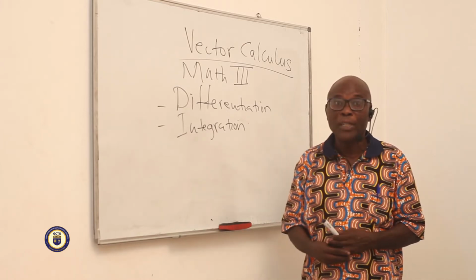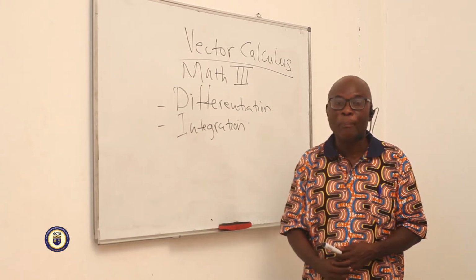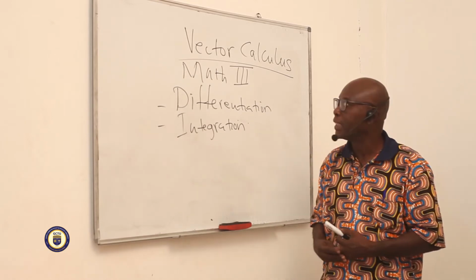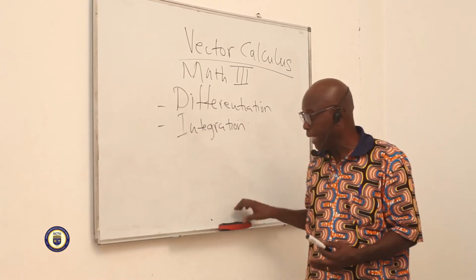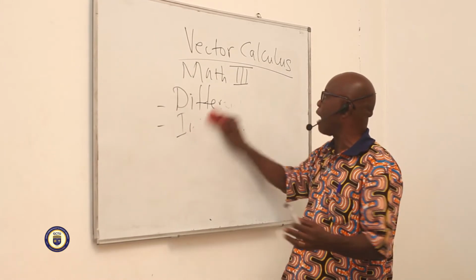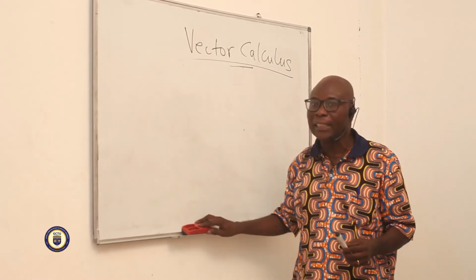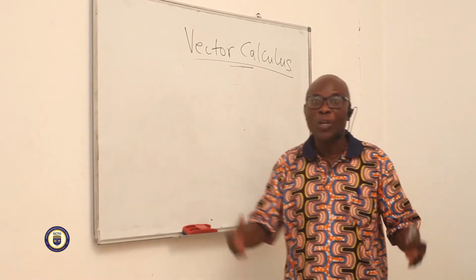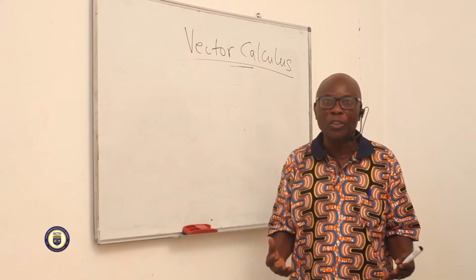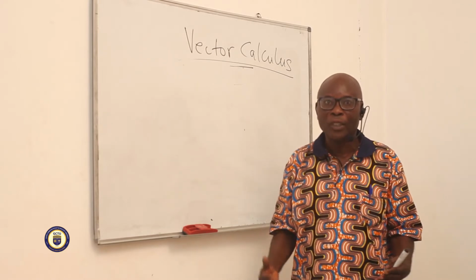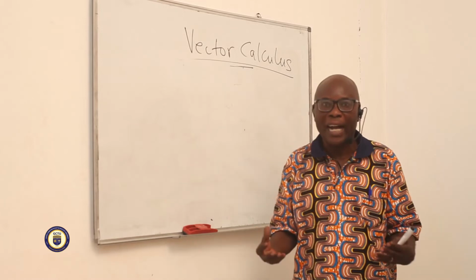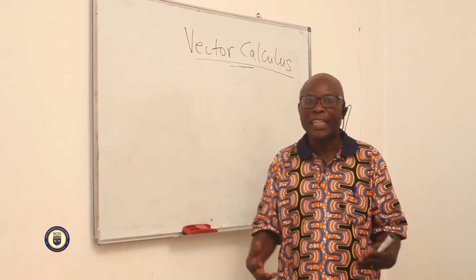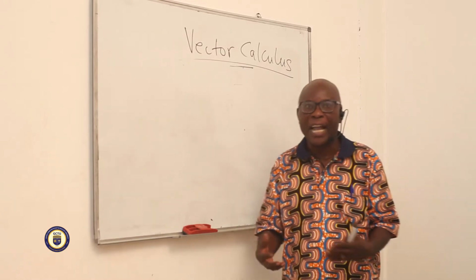So for today, we'll start with the basic tenets of vectors. What are vectors? We learned that vectors are quantities which have both magnitude and direction. So vectors tell us what they are and the direction that those quantities are heading towards.